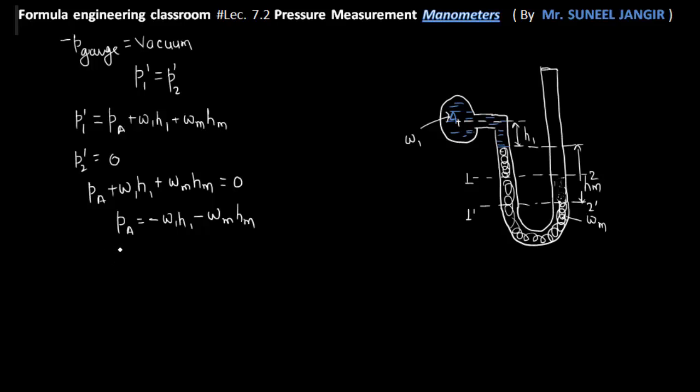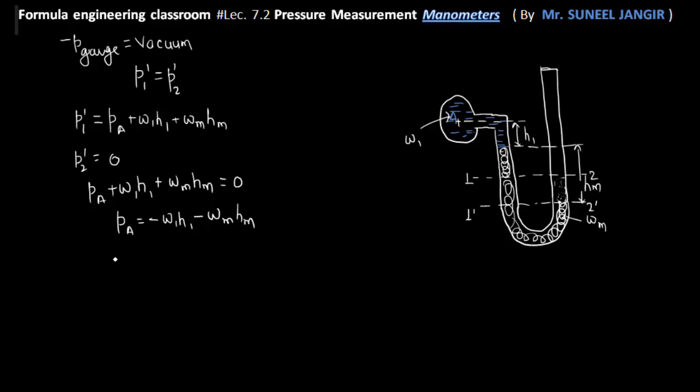Now if we want to calculate the negative pressure head at the point A, not in terms of Pascal but in terms of the height of this fluid flowing in this pipe or container, we can convert this pressure into head or height.